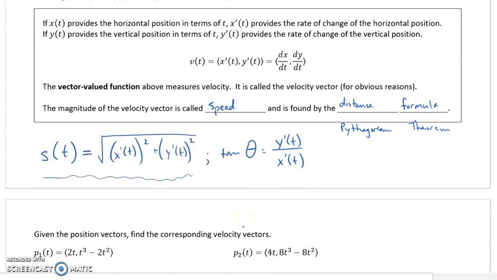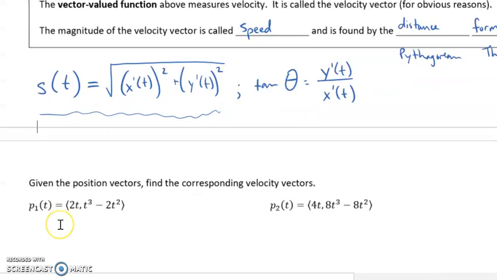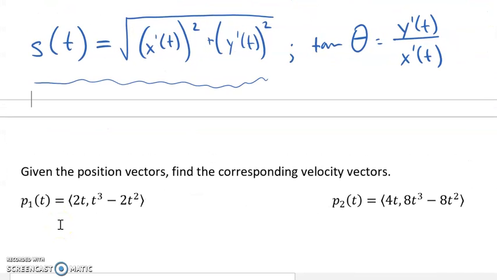Alrighty, so let's go back to our friends, our two position functions that both created that fun cubic graph. Remember that these two particles are traveling the same path but at different speeds. Given the position, find the corresponding velocity vectors. So let's take a look at this.